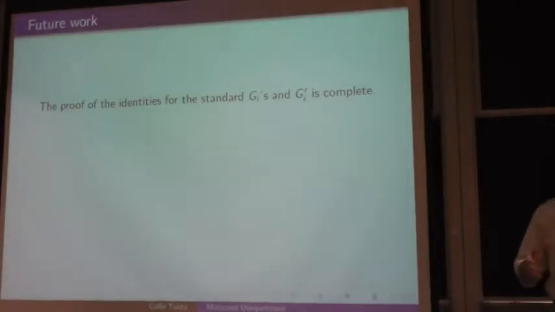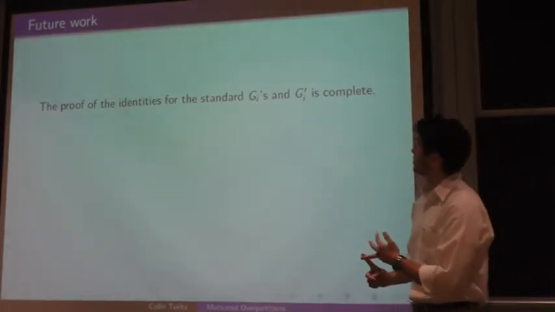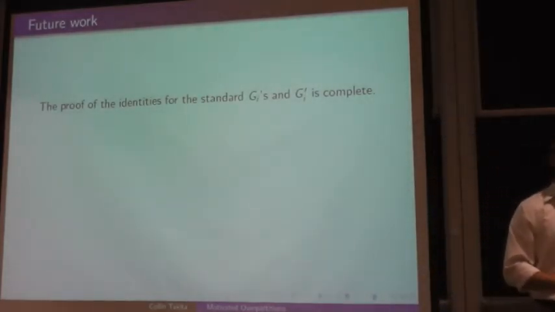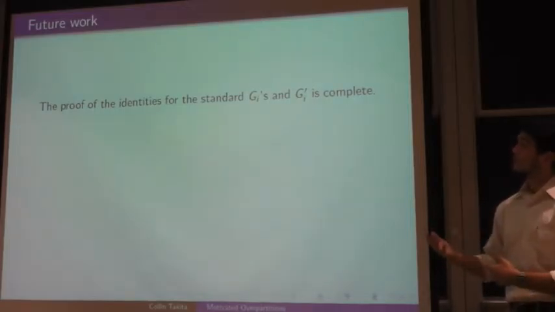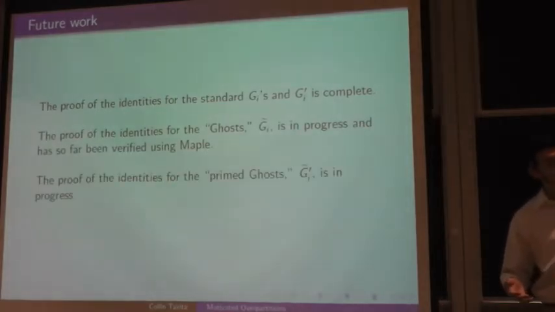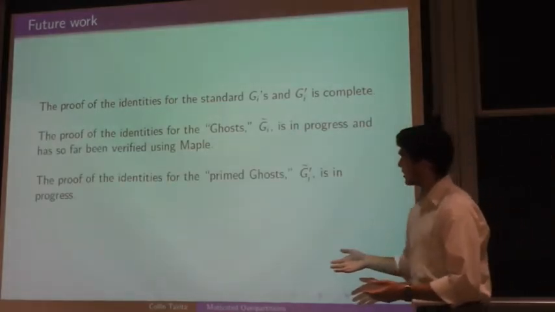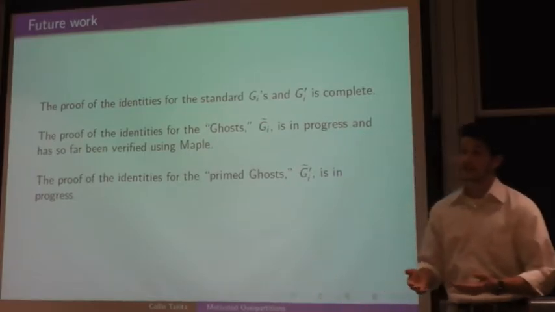Now, the proof for the first two sets, the G sub I's and the G sub I primes, is complete. We approached that and were able to complete that proof. But for the other two series, the ghosts and the G sub I prime tildes, their proofs are pending.